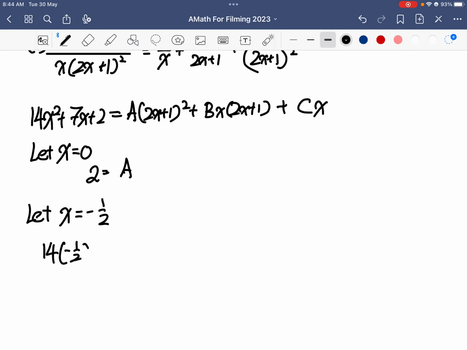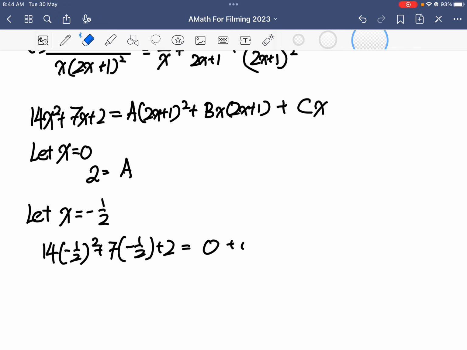So I am able to find c. So 14 times negative half squared plus 7 times negative half plus 2 equals 0 plus 0 plus minus half c. If you work everything out, your c value is negative 4.